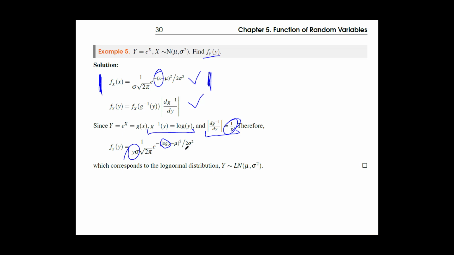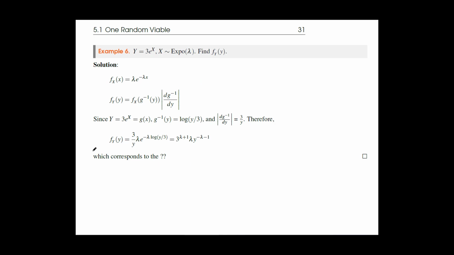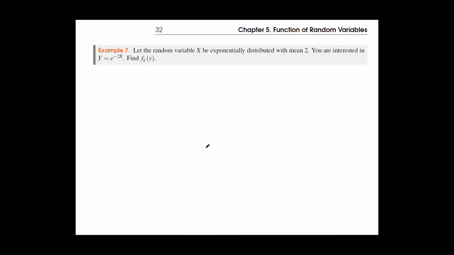And you'll see that that is the log normal distribution. So if you compare this PDF with the one for the log normal in chapter 4, you would see that they're the same. So here we're showing where the log normal comes from.